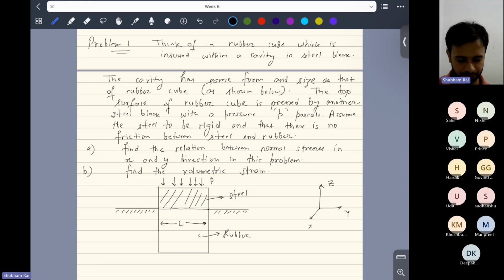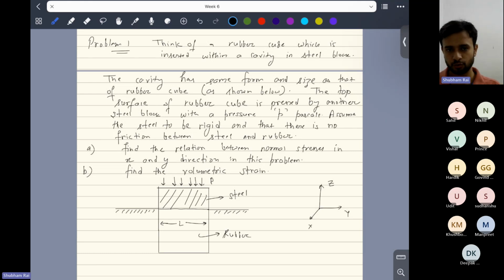The displacement in x direction will be zero because your rubber block is in a cavity, so it cannot have displacement in x and y direction. There will only be displacement in z direction, and displacement in z direction will be a function of z only because your pressure here is uniform. Pressure is not varying with respect to x and y. That's why your deformation in z will be a function of z only.